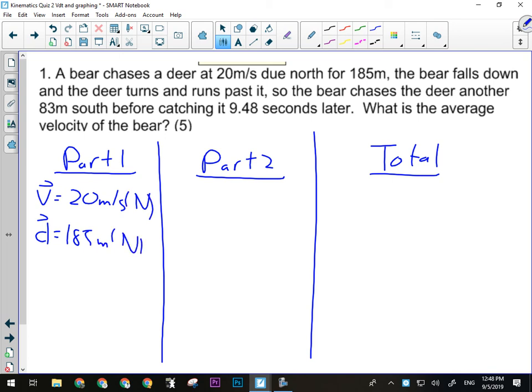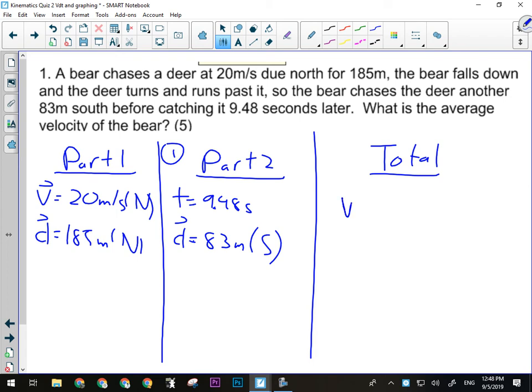In part 2, the time was 9.48 seconds, and the displacement was 83 meters south. So that's what I know. The question wants to know what the average velocity of the bear is. So 1 mark if they have givens written down. I always give a mark for givens. So 1 mark if they wrote some stuff down.